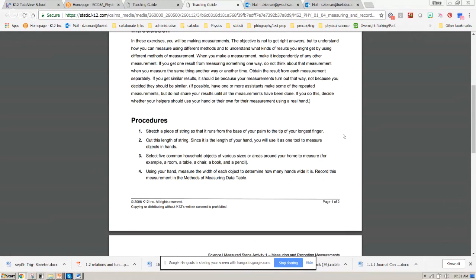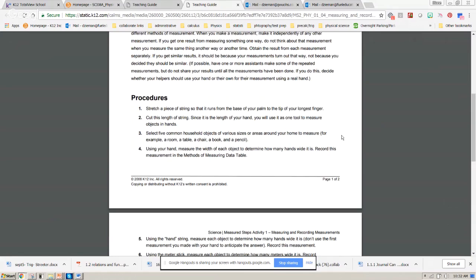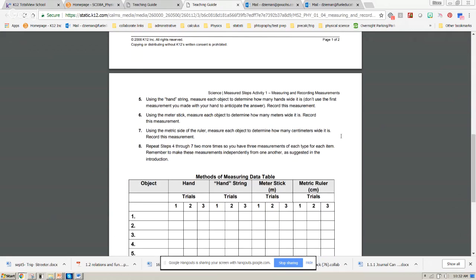Now you need to find 5 common objects around the house. Notice their list uses both big and small, so make sure you are using big things and small things. Your room is rather large, a pencil's rather small. Then you are going to measure those things using each of those devices that you have.